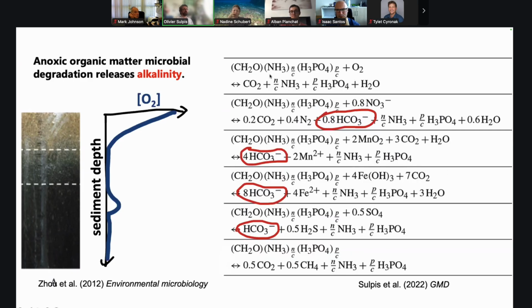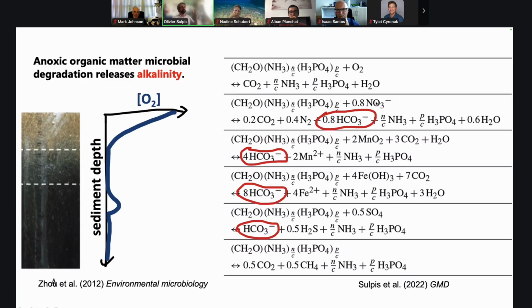This was not the last slide with chemical reactions, I'm sorry, but you just have to look at the things that are circled in red here. For all of those organic degradation pathways that I mentioned, we are actually generating a little bit of alkalinity. When microbes degrade organic matter with oxygen, they mostly generate CO2 and very little alkalinity.